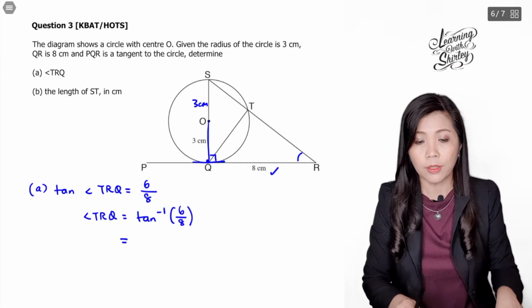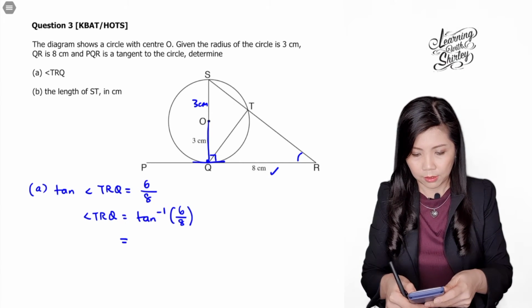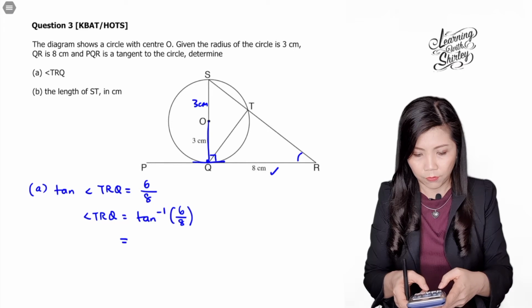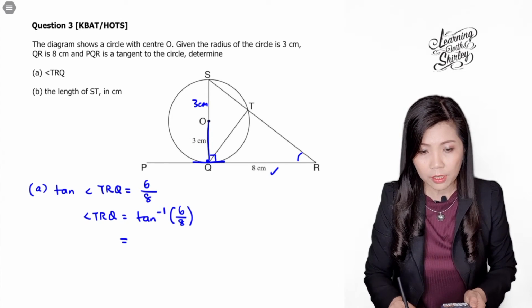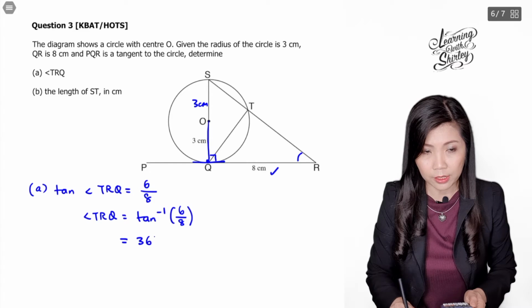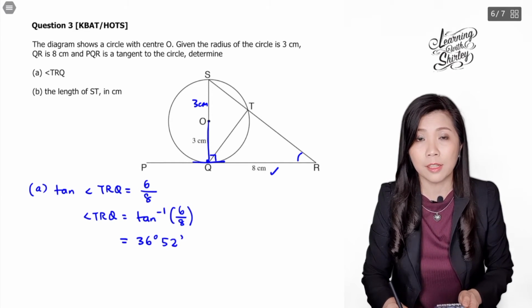Okay, so let's calculate this. So shift tangent of 6 over 8, we'll get 36 degrees and 52 minutes. Okay, so that's the answer for A.